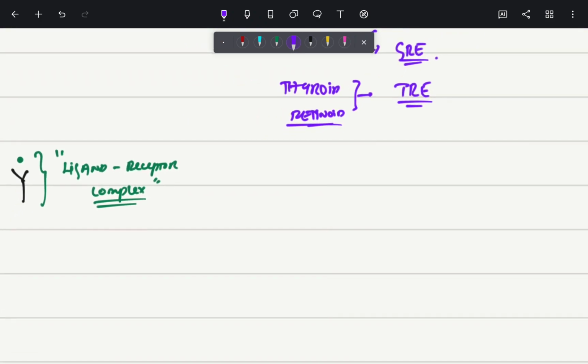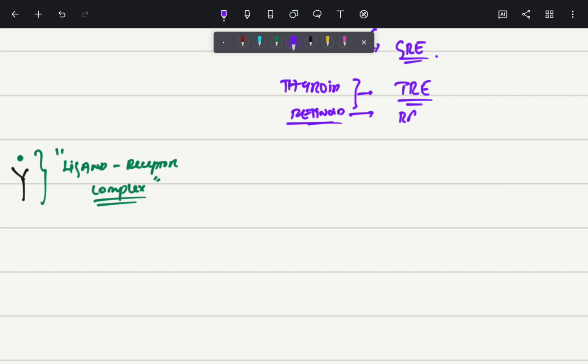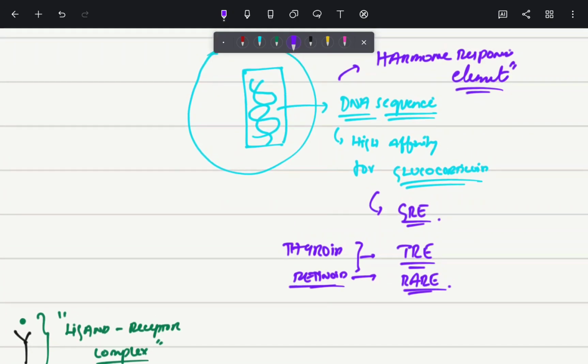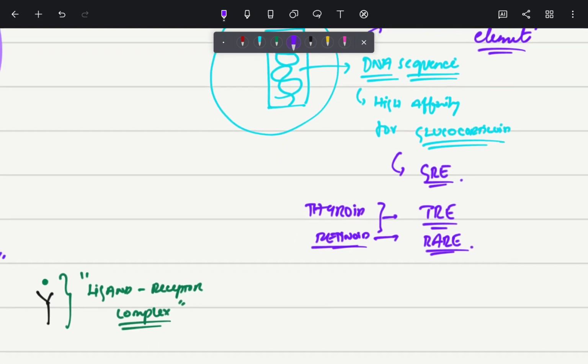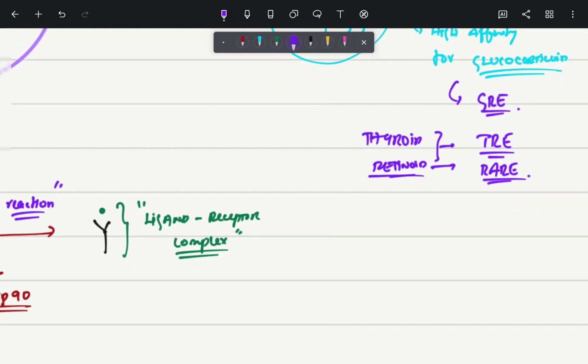And similarly, if it is retinoid, it is called your retinoic acid response elements. So hormone response element is nothing but a specific DNA sequence which is having high affinity for that hormone. Okay, I hope you are clear with the hormone response element.